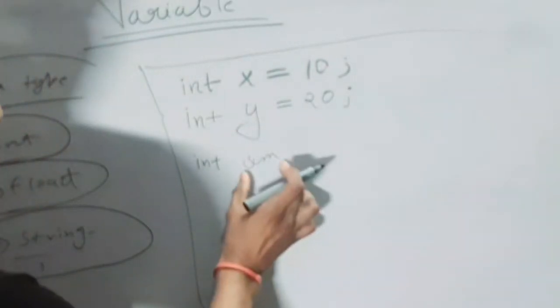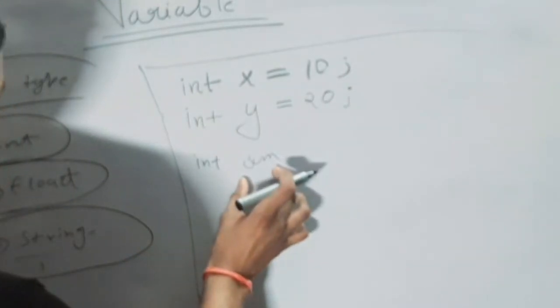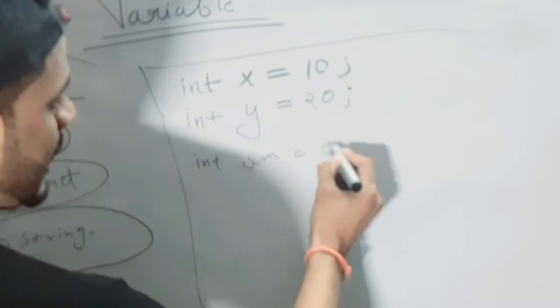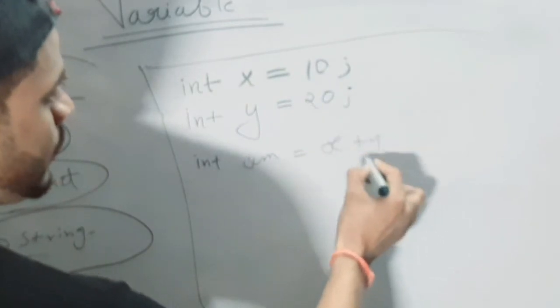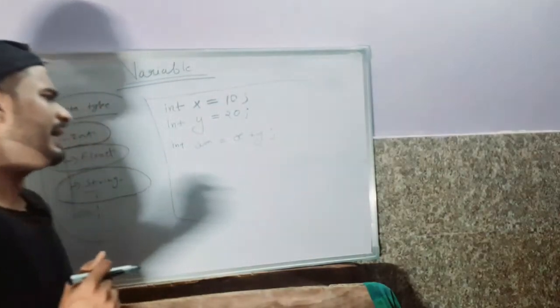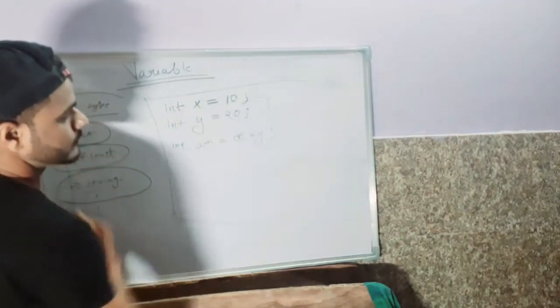The sum is a variable of data type integer, and suppose we say x plus y. What do you think it does? I think it gives the sum of 10 and 20.